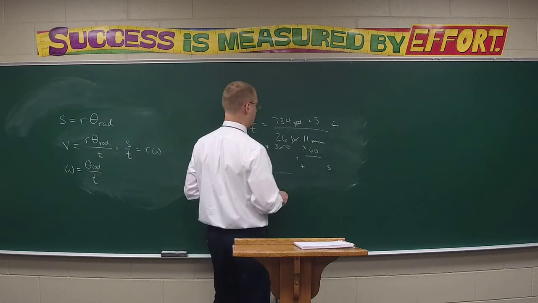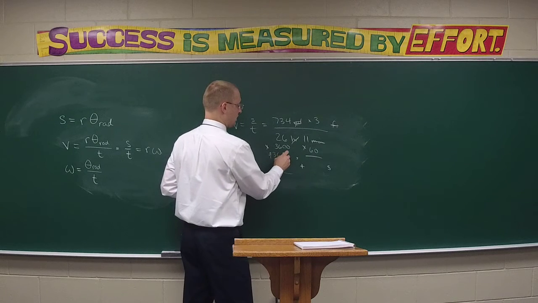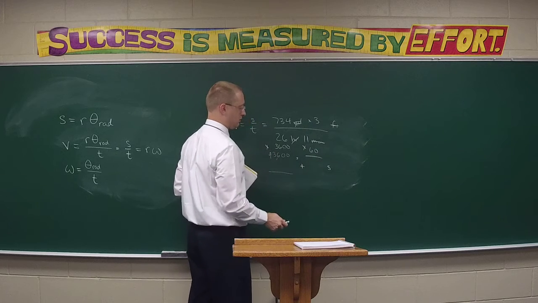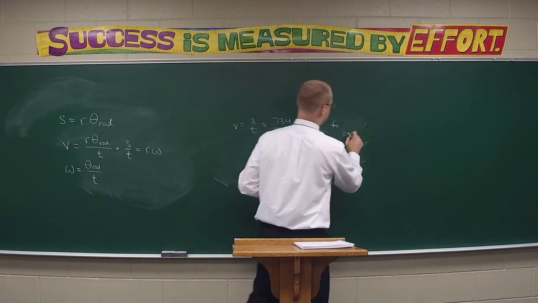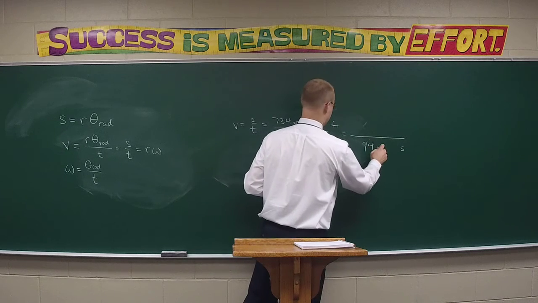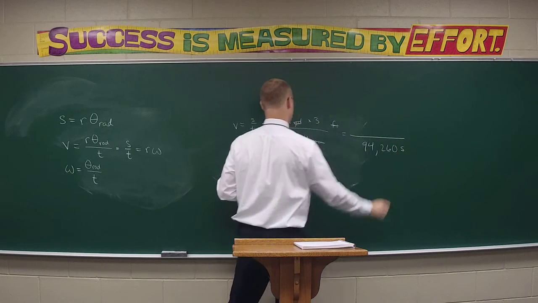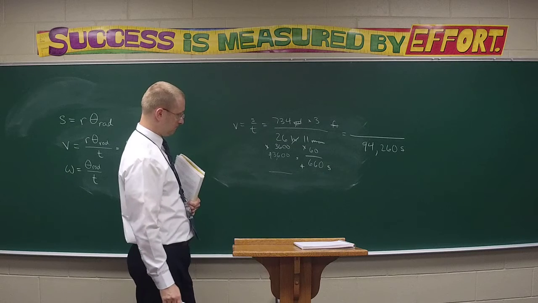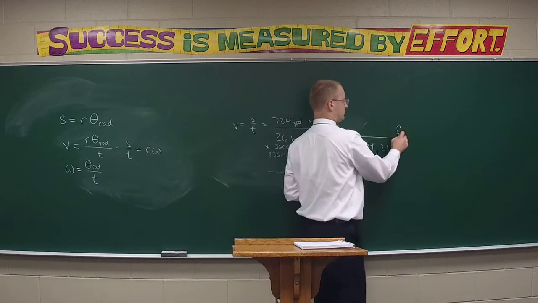It's a whole bunch. 93,600. All right, and then 11 times 60. 660. And then add those together to get your total number of seconds. 94,260. All right, and then the 734 times 3.